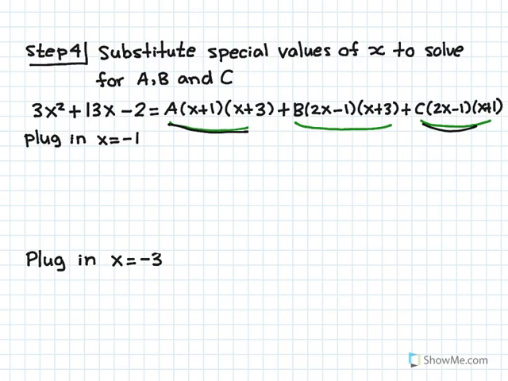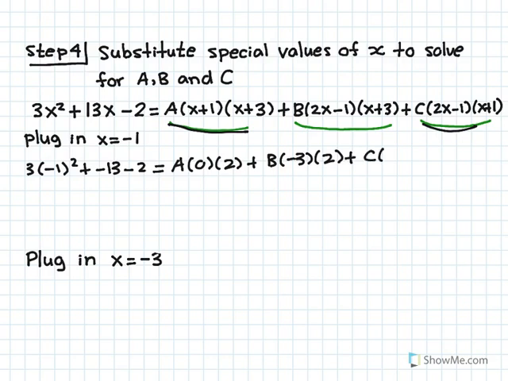Alright, let's do that. So we plug in x equals minus 1, we will get 3 times negative 1 squared plus 13 times minus 1 is minus 13, minus 2 is equal to, plugging negative 1 into the first term, we get a times 0, negative 1 plus 3, that's 2, plus b times, plugging negative 1 in, we get minus 3, times minus 1 plus 3, that's 2, plus c times minus 3, times minus 1 plus 1, that's 0.